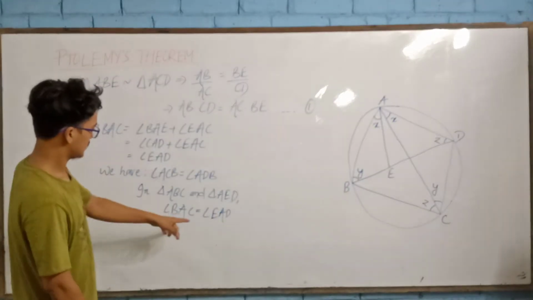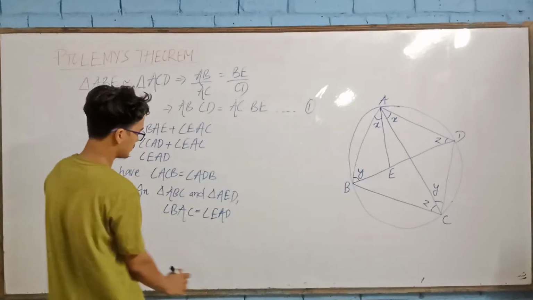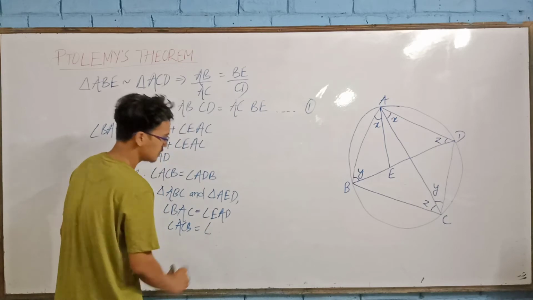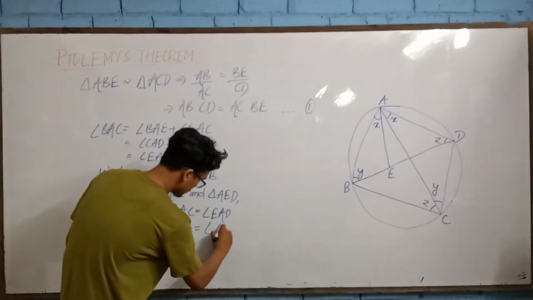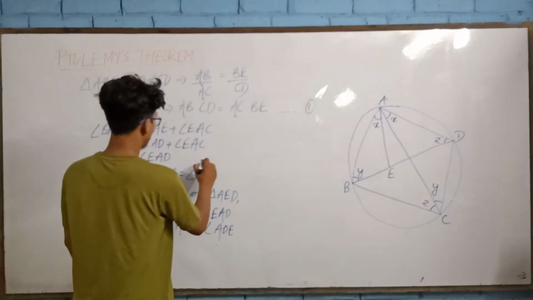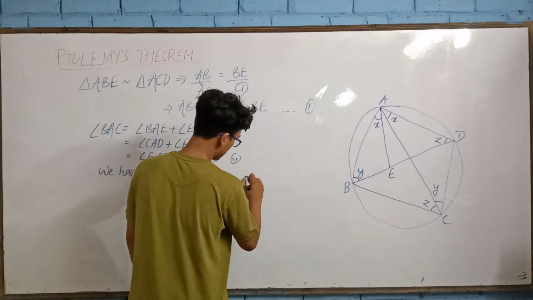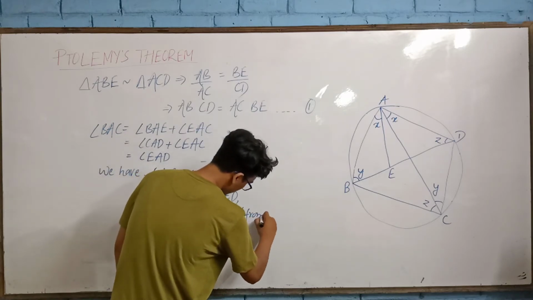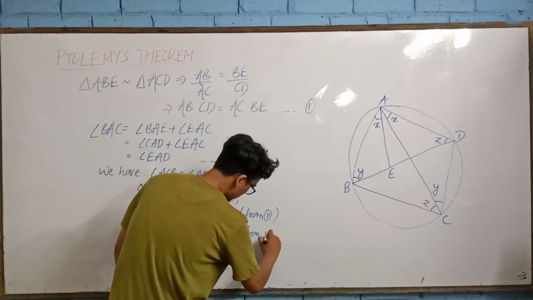Let's name this as 2, and angle ACB equals angle ADE, this as 3.